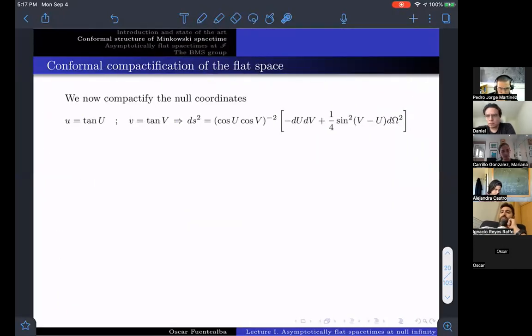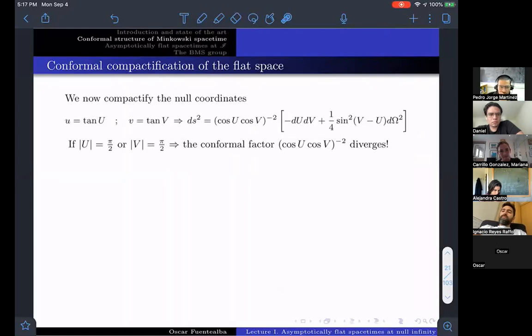Okay, so now we will compactify the null coordinates, and for this we make this coordinate transformation, where you can see that we can factorize a conformal factor. But what's happening in the extremal cases, which correspond to the absolute value of u and v equal to infinity, which is capital U and capital V equal to pi halves?